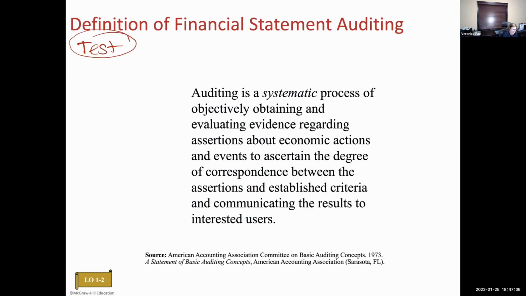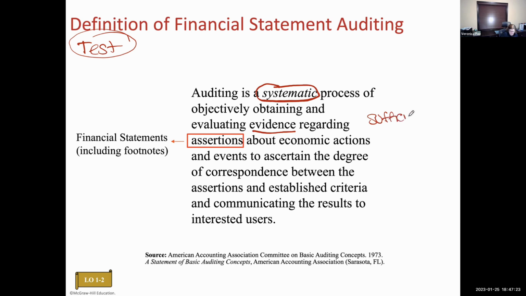Keep this in mind. You want to know what the definition is for auditing. It is a systematic process, because we do some planning, and we're obtaining and evaluating evidence, and that evidence has to be sufficient and appropriate for the audit opinion that we're issuing.